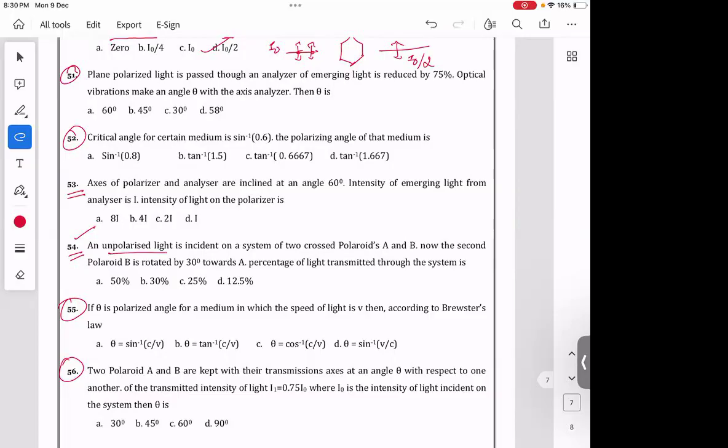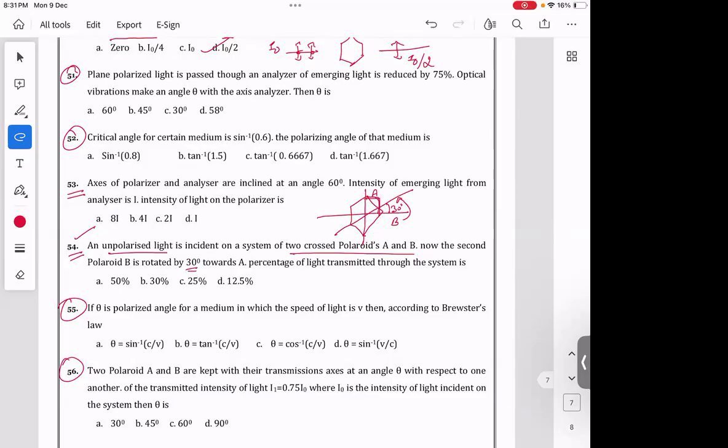Unpolarized light is incident between two cross polarizers. Two cross polarizers means the two polarizer axes are perpendicular to each other. This is polarizer A, this is polarizer B. Now the second polarizer is rotated by 30 degree towards A. Initially A and B are perpendicular, so what is the total angle? 90 degree.